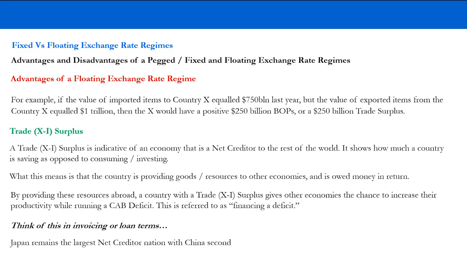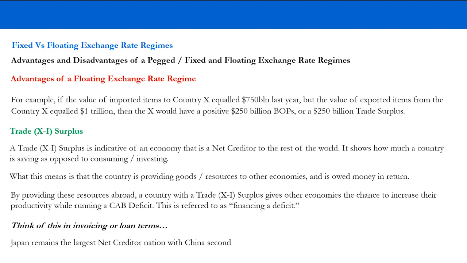And a trade surplus is indicative of an economy that's termed a net creditor to the rest of the world. It basically shows how much a country is saving as opposed to consuming or investing.